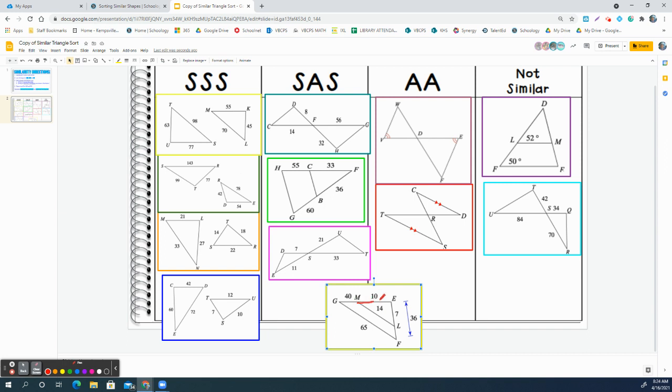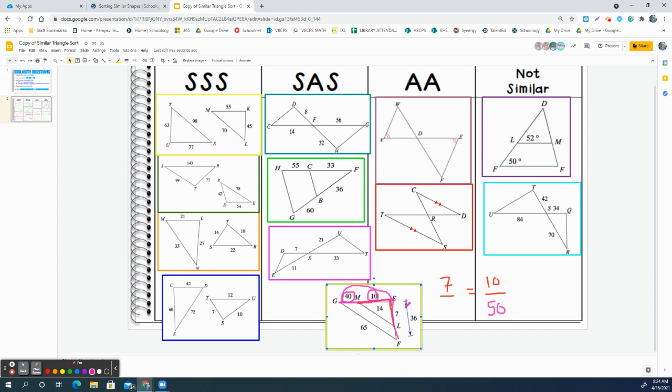So if I've got this small triangle, 10 and 7, I'm going to do 7 next to 10. And then I've got this bigger triangle, G, E, F. What's the total over here between G and E? That's 10 plus 40, which is 50.